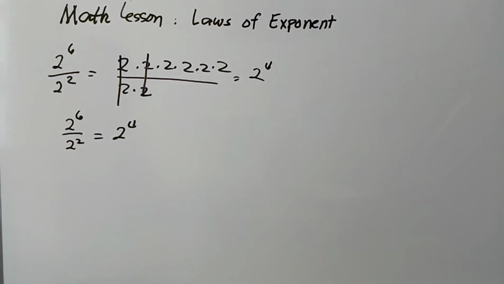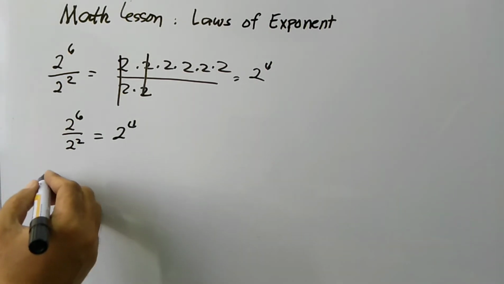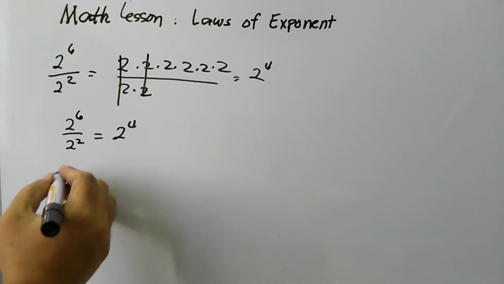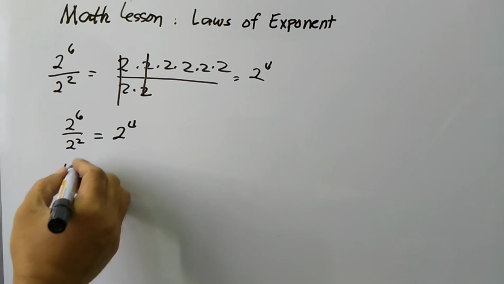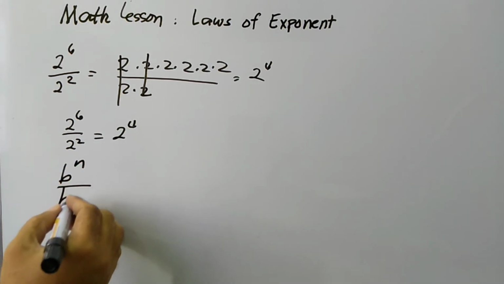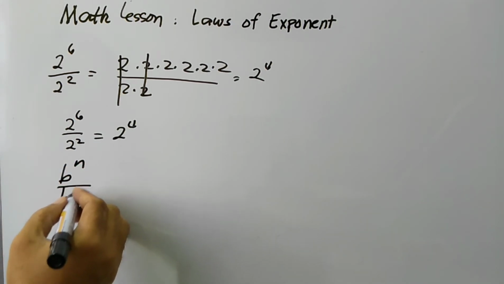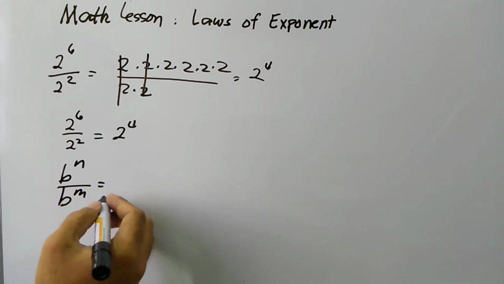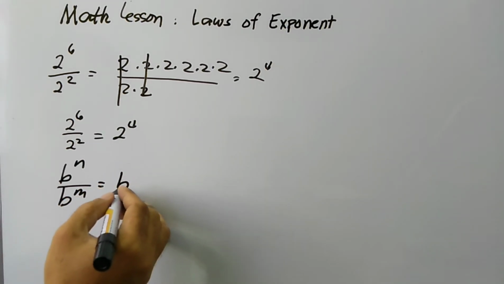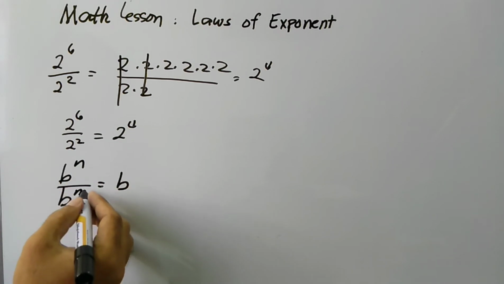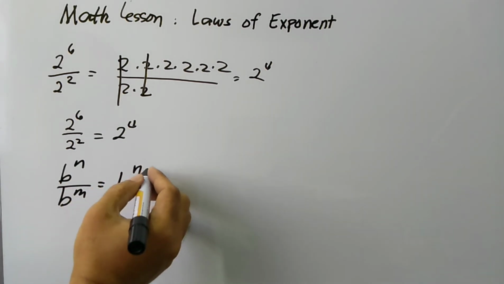Here we notice that the base we just copy, and then we have the exponent 6 minus 2 equals 4. We can have this conclusion that any number b raised to n divided by b raised to m equals, just copy the base b and then subtract the exponents, n minus m.